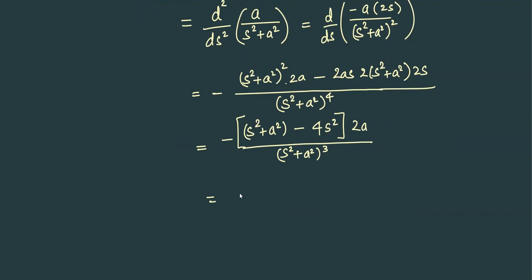Okay, so we get s square minus 4s square, which is minus 3s square, with a minus sign. Take this inside: 3s square minus a square multiplied by 2a, divided by s square plus a square the whole cube.